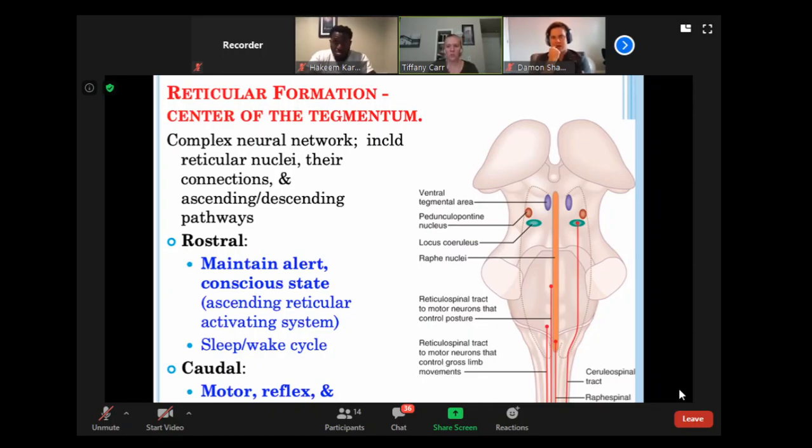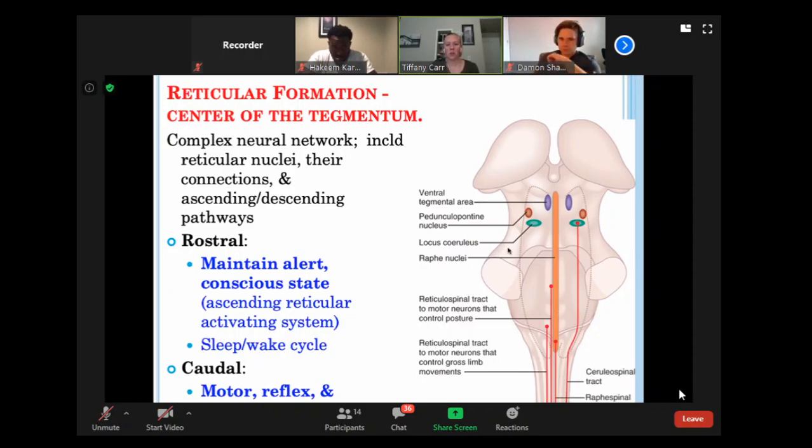So in the rostral portion, it's going to be the main alert and conscious state. Then the caudal portion is going to be the motor reflexes, autonomic functions, or motor and reflex and autonomic functions. So knowing rostral meaning superior basically, and caudal meaning more inferior.